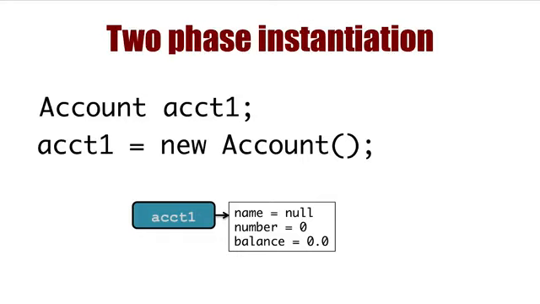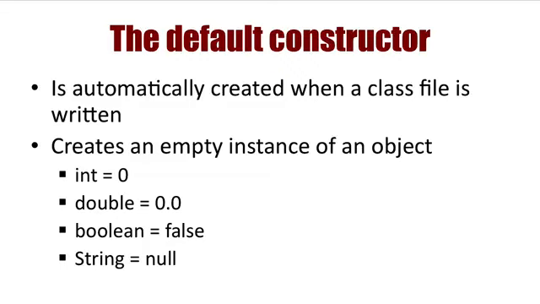Notice also, this object's fields are all set to default values. Our client file uses this default constructor, but we never wrote it in our account class. That's one of the reasons it's called the default constructor. It is created by default. We don't need to do anything. It comes free with the creation of the class.